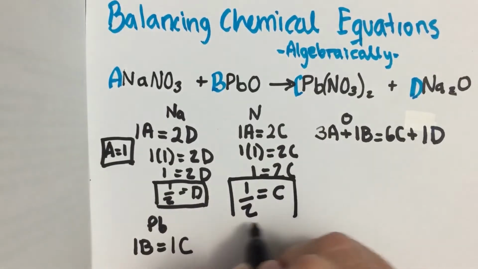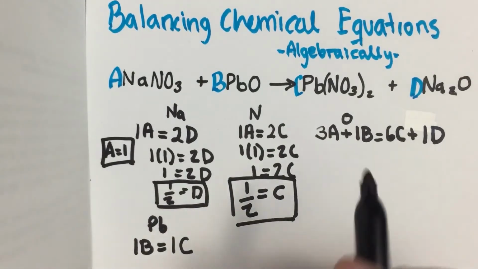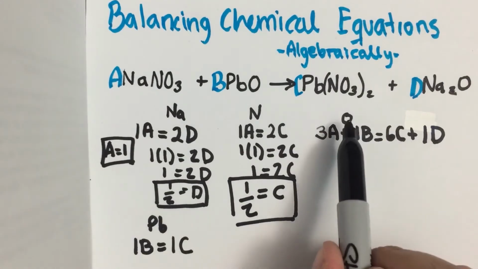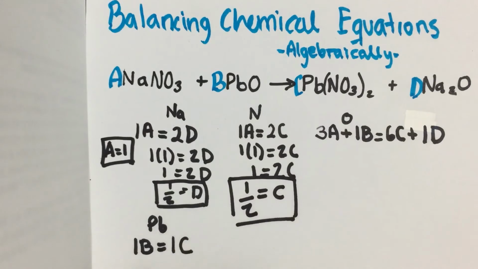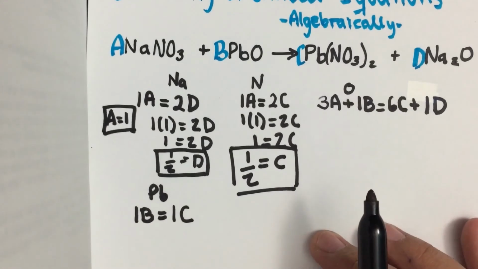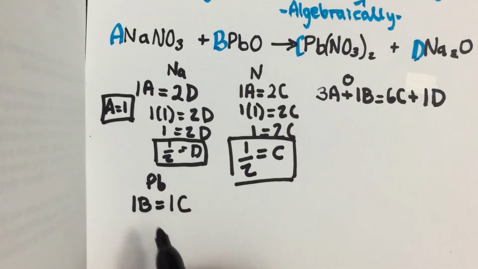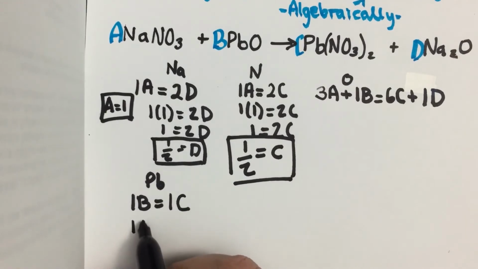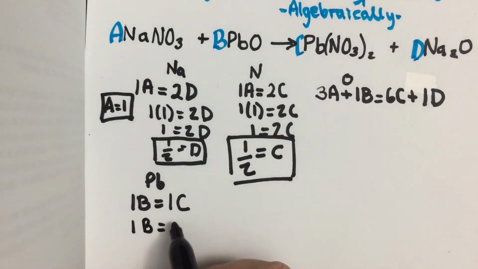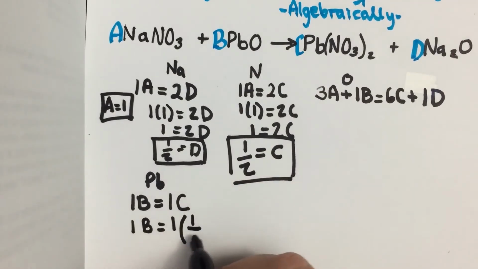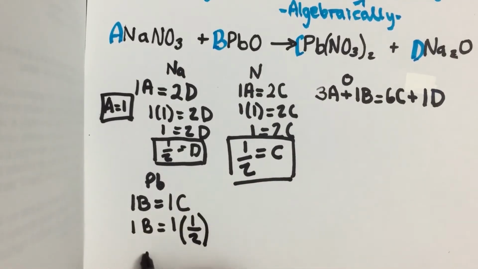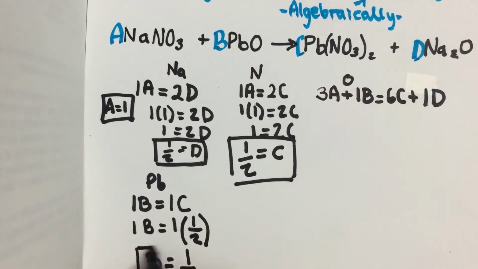Now we have C. Here we have a very long equation for oxygen. We can do that, or you can take this one, which is the small one. So 1B equals 1 times C, which is 1/2. So B equals 1/2.